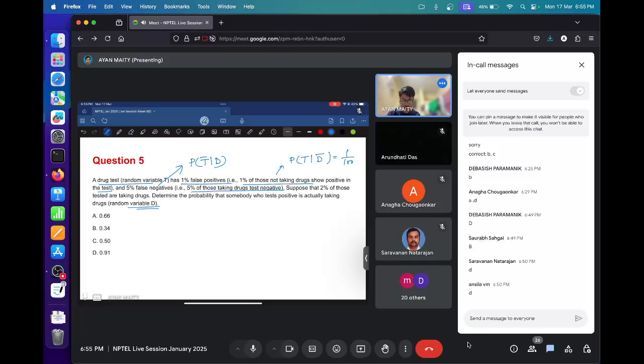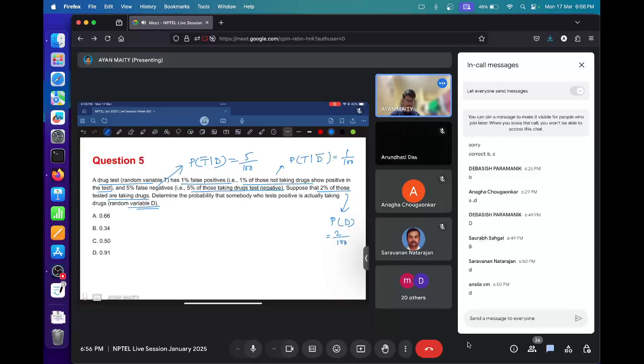So probability of complement of T given D, that is false negatives, is given as 5 divided by 100. And the third probability is 2% of those tested are taking drugs. So basically this shows percentage of people taking the drug, probability of D. So that is 2%.